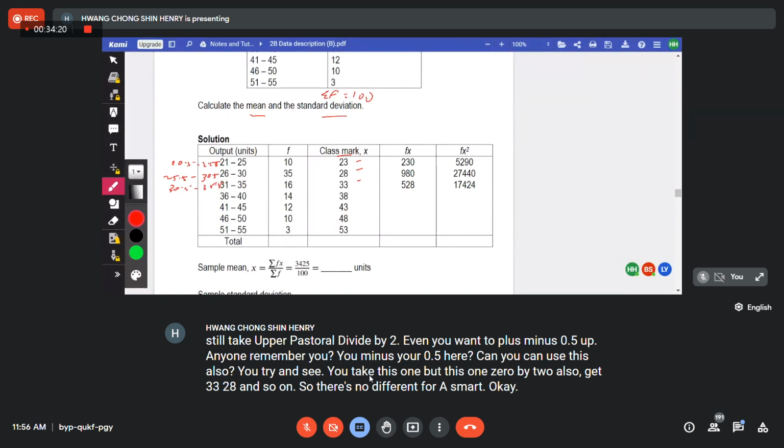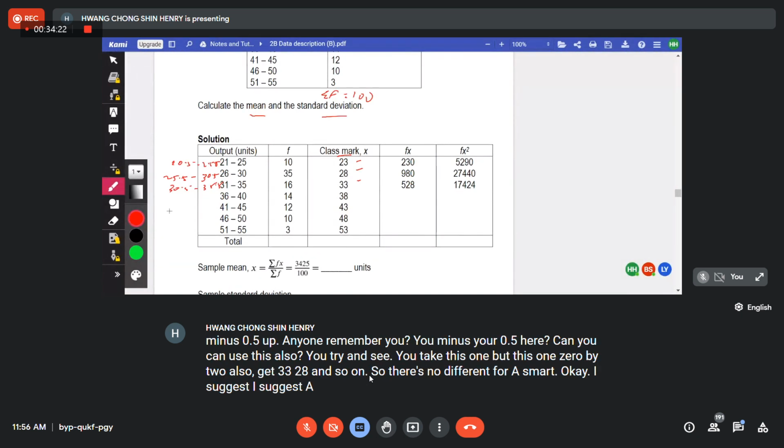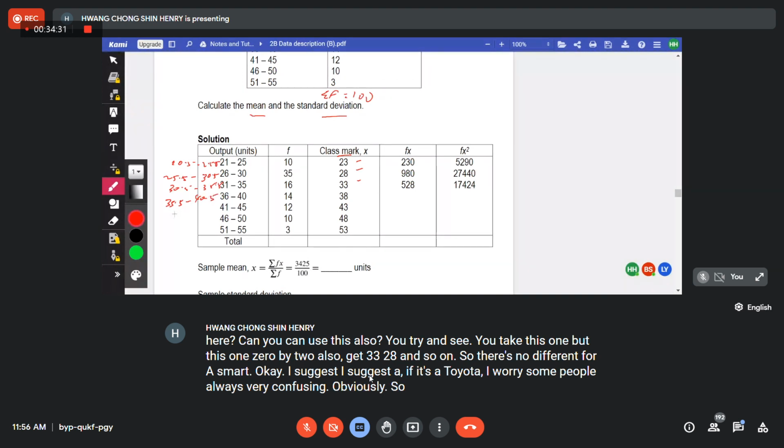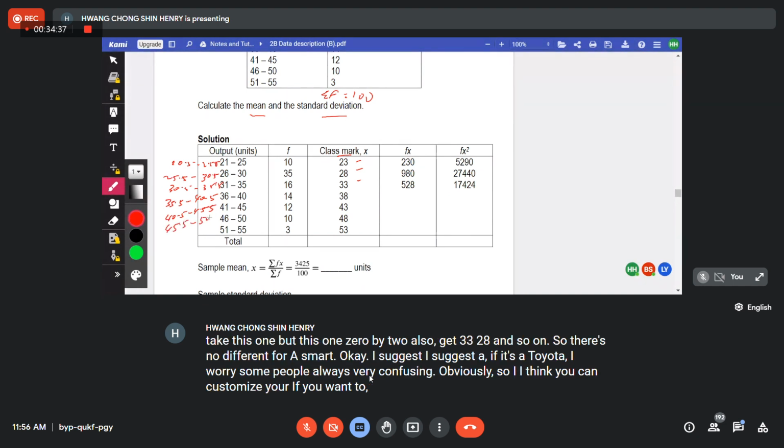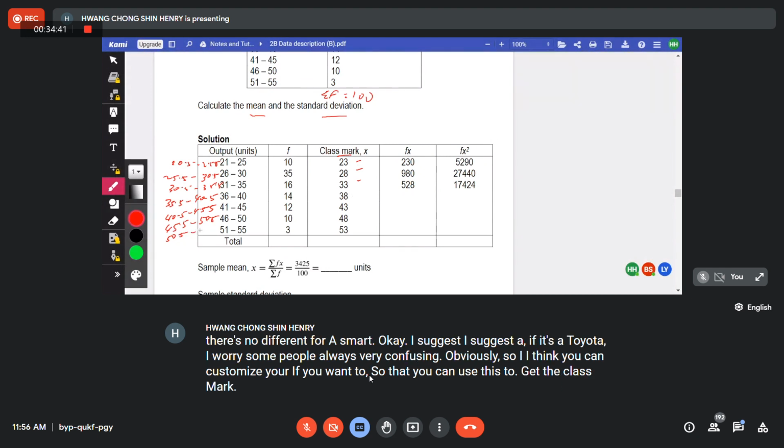Okay? But as I told you, I worry some people get confused easily. So I think you can plus minus 0.5 if you want to, so that you can use this to get the class mark. Also can.